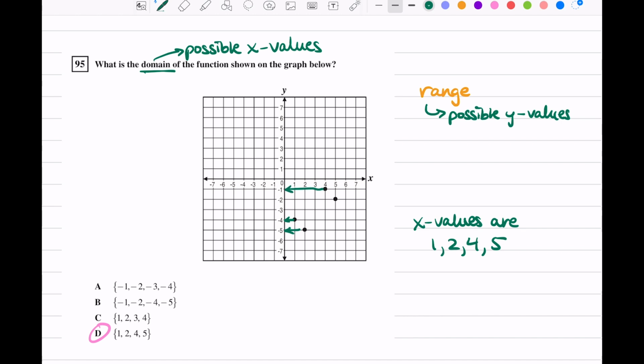Third point has a y value -1. And our fourth point has a y value of -2. So writing those in order, we have -1, -2, -4, and -5. And you might notice that that is option B. If the question asked for the range of the function, we would have selected option B.